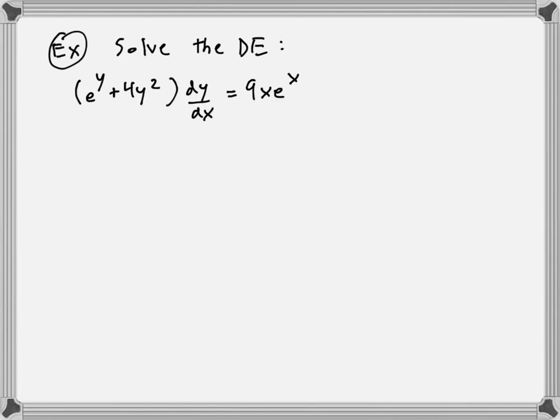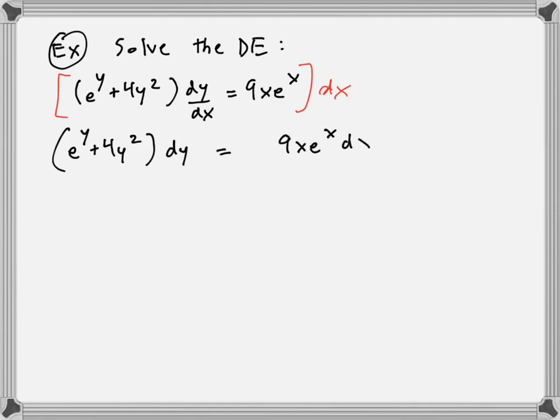This is our differential equation, and we notice that all of the y's are on one side and all of the x's are on the other. Before I write this down, I'm going to multiply both sides by dx. I end up with this. And then I'm going to integrate both sides.